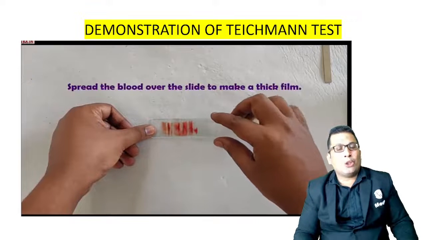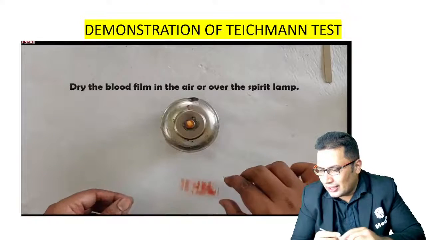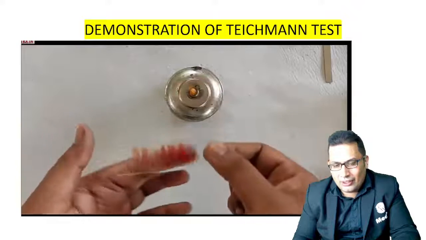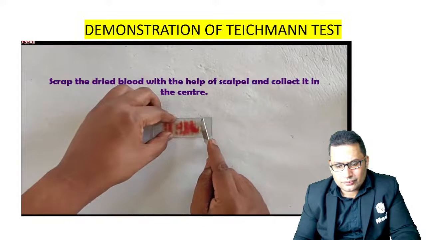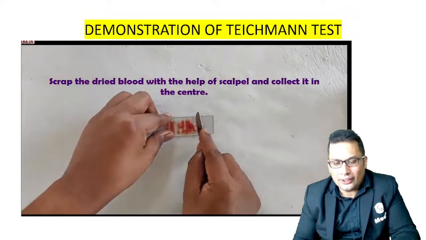Now let's see a demonstration of the Teichmann test. This is how we do the Teichmann test in the lab. You must take the suspected stain and make the stain particles at the center.